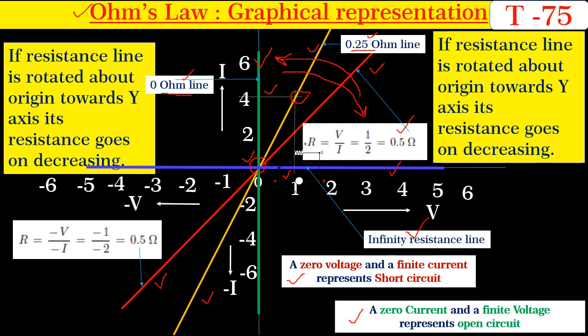Therefore, a resistance line which is lying along the x-axis can be called as a resistance line of infinite resistance. Hope you understood this concept very clearly.